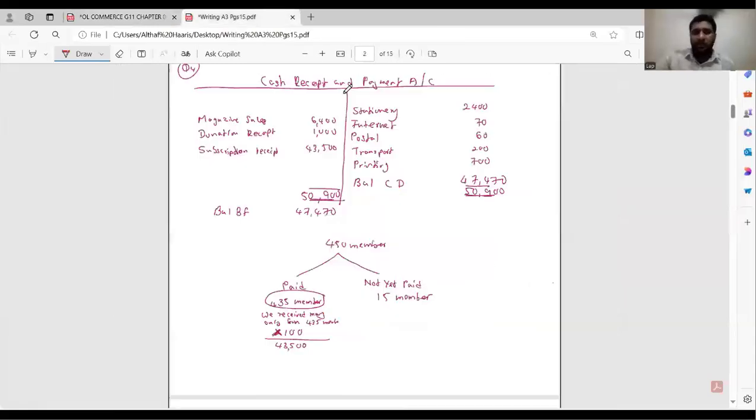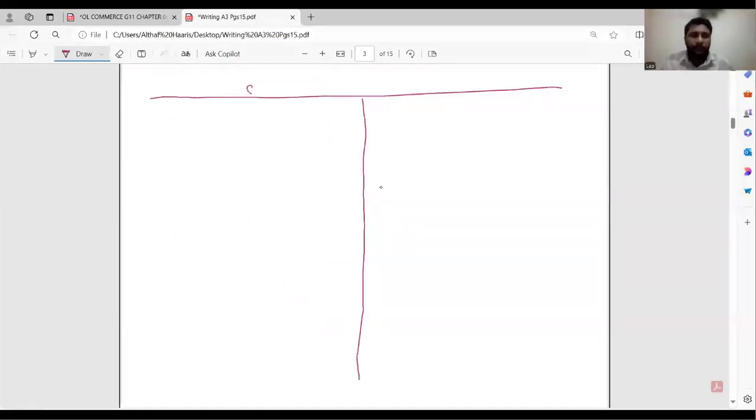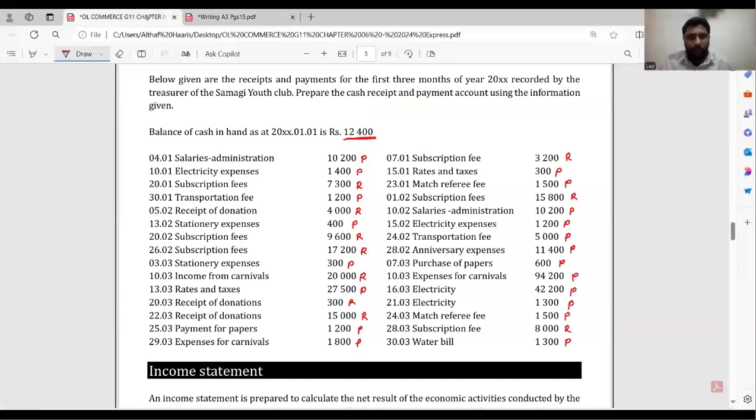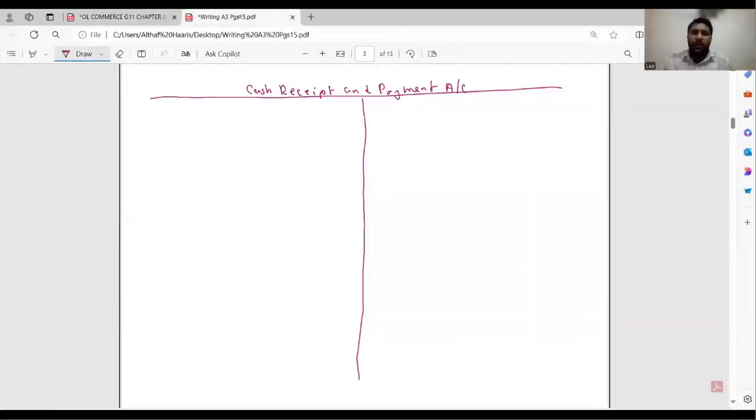So prepare a big account, people, a big one. Cash receipt and payment account. 12,400.